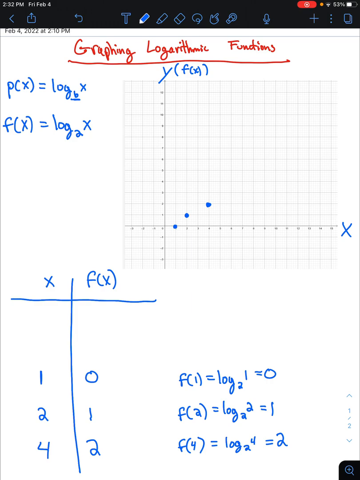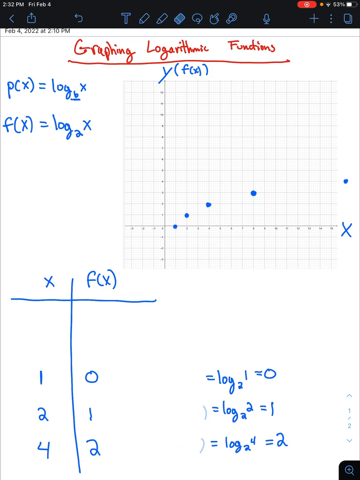Now, next interesting point would be 8, because 8 would be 2 to the third power. So I'm going to put in (8, 3), and then we would have (16, 4), which is somewhere off this graph. And we see that we're starting to have this behavior of growth. We can plug in increasing values of x, and our outputs will increase forever. We can always increase our outputs as long as we are able to continue increasing our inputs.